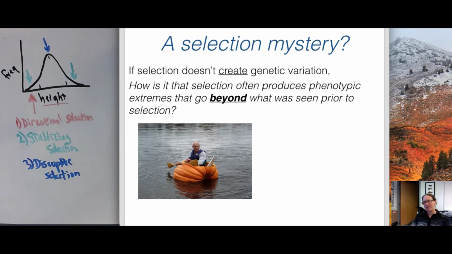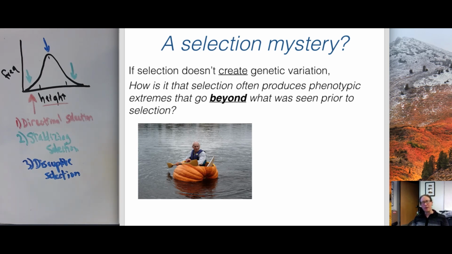So here's something else to think about. I've tried to emphasize that selection itself does not create genetic variation. Given that selection doesn't create genetic variation, here's another question: how is it that selection often produces phenotypic extremes that go beyond what was seen prior to selection?